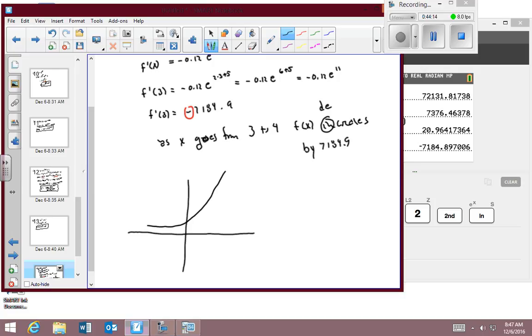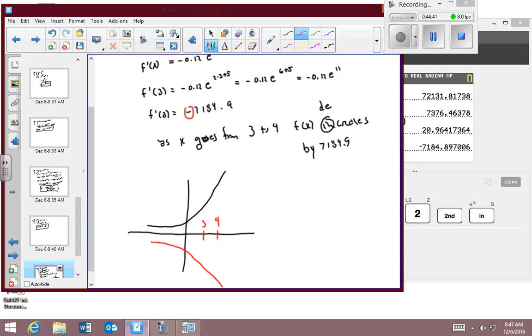But then that negative in front of it, that negative 0.12, flips that thing over, makes it go this way. So as you go from 3 to 4, it must be decreasing. I must have said it wrong. What you're thinking must be right.